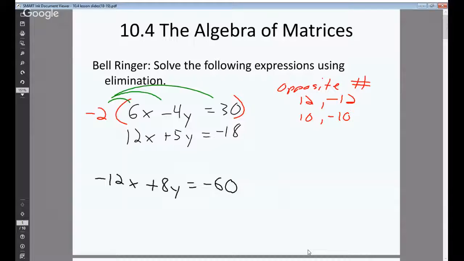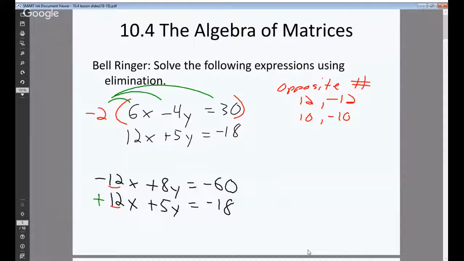And sure enough, the top equation now has a -12, while the bottom equation has a positive 12. So now I have opposite numbers, the -12 and the positive 12. Once we have those, we're done with step 1, and we can move on to step 2.